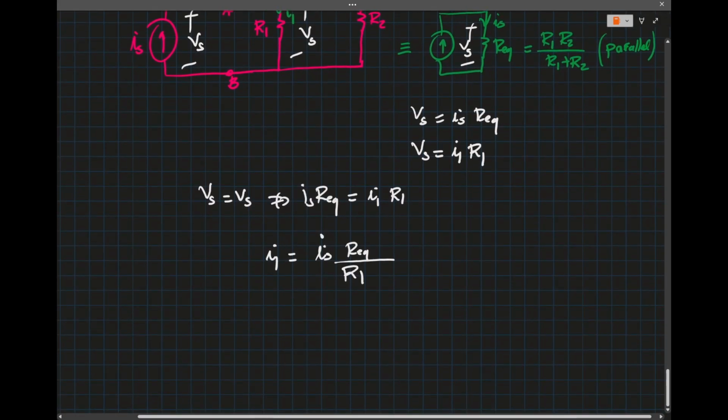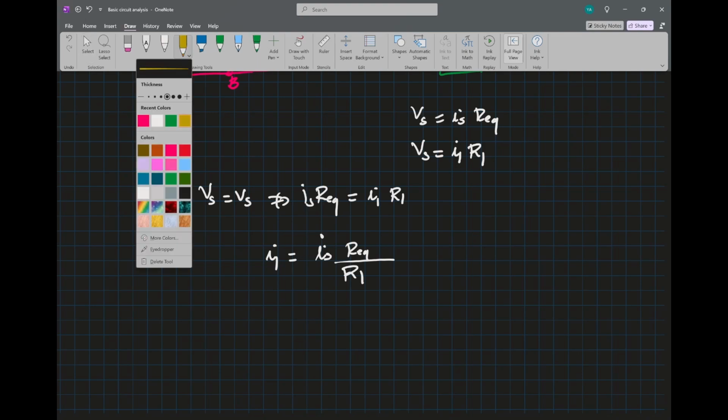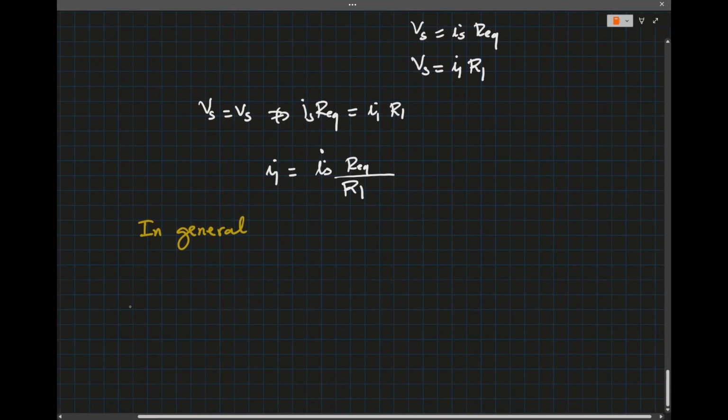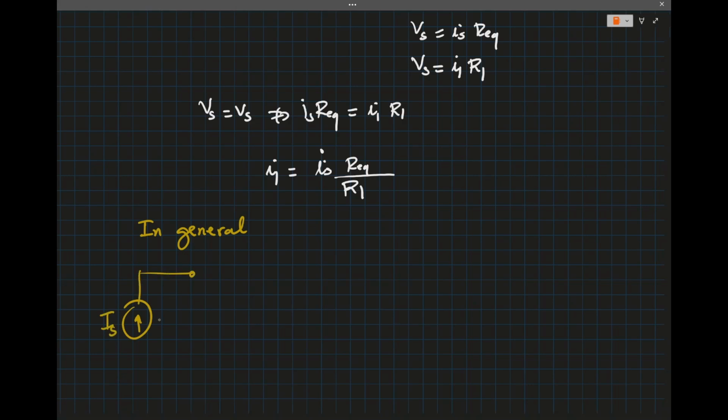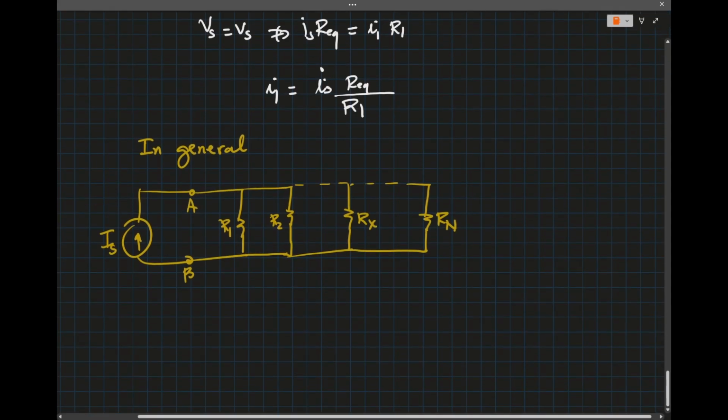Okay, so in general, when you have n resistances in parallel, so let's say we have R1, then R2, Rx, Rn.